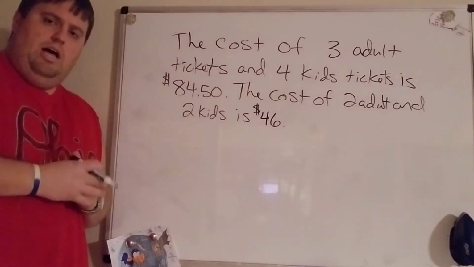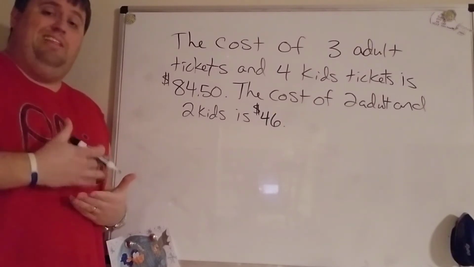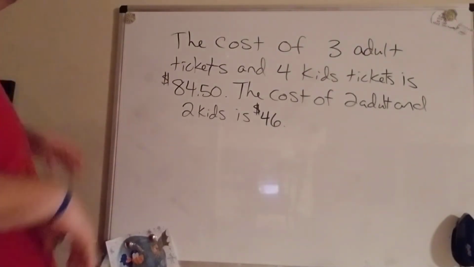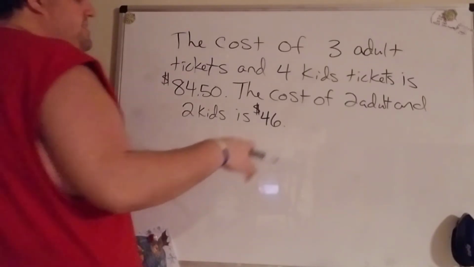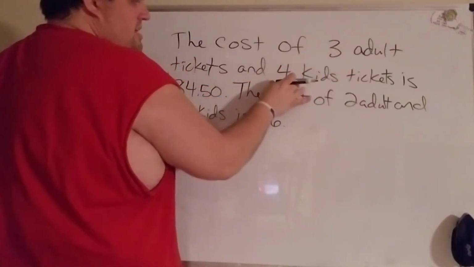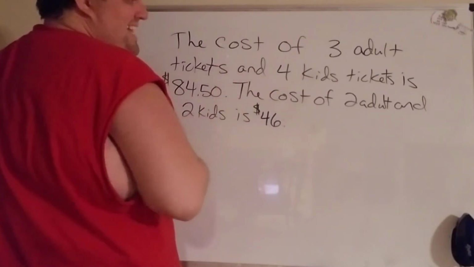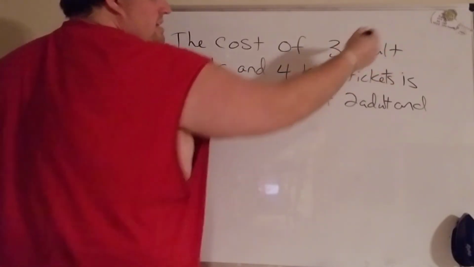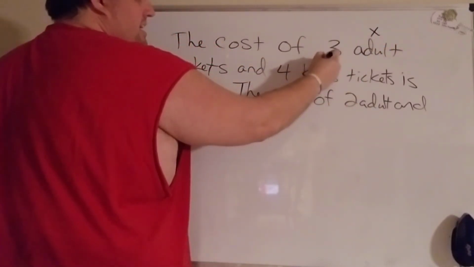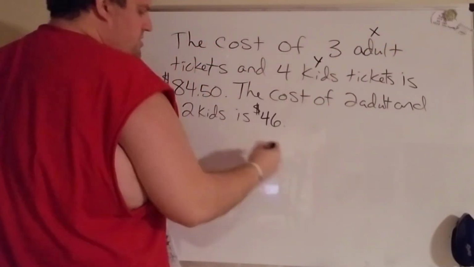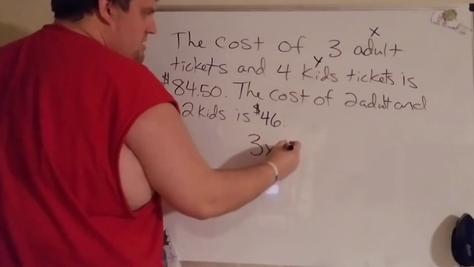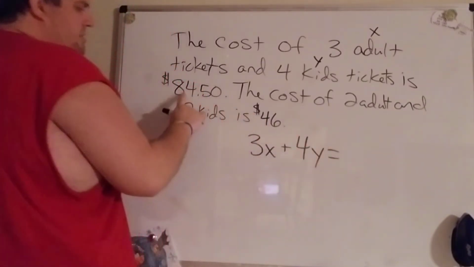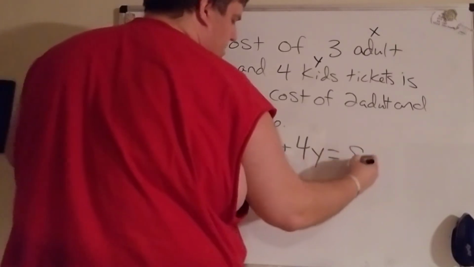So, let's focus on the writing of the equation part, because that's what I'm worried about for you guys, right? So usually we have two pieces of information. So this time they give us two sentences. Again, it's going to be like that second example where we're just going to make adult tickets X and we're going to make kids tickets Y. So 3 adult plus 4 kids is going to give me my grand total of $84.50.